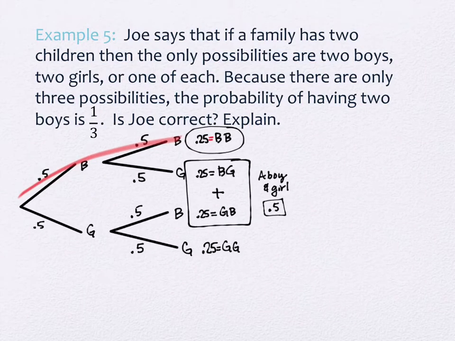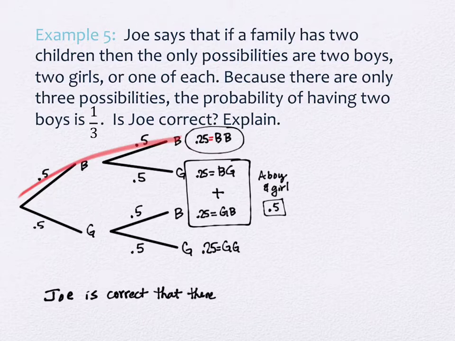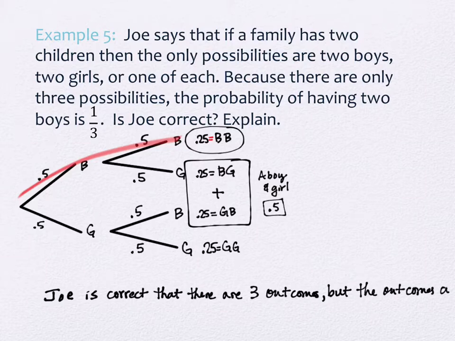And so let's write down a little bit of what we could say. First of all, he's not quite right. Joe is, we'll say what he is correct about too. Correct that there are 3 outcomes. But the outcomes are not equally likely.